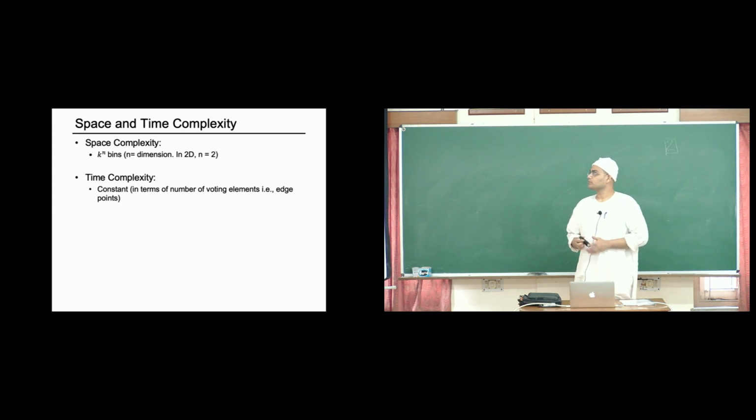Your matrix will be to the power n because that many votes you need to store. N here is 2 for 2 dimensional because you are looking for only 2 parameters, d and theta.